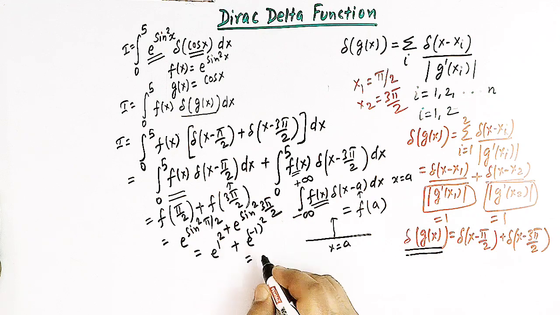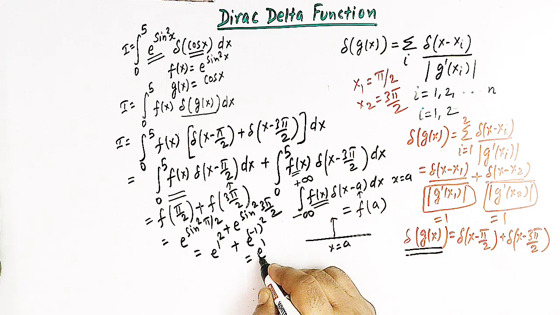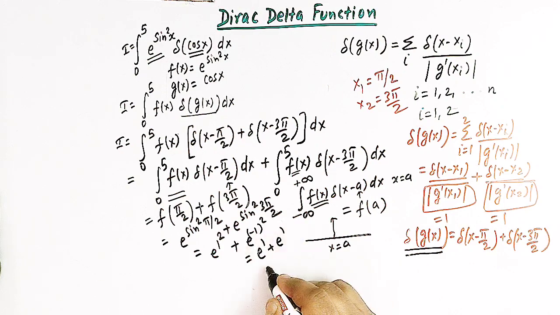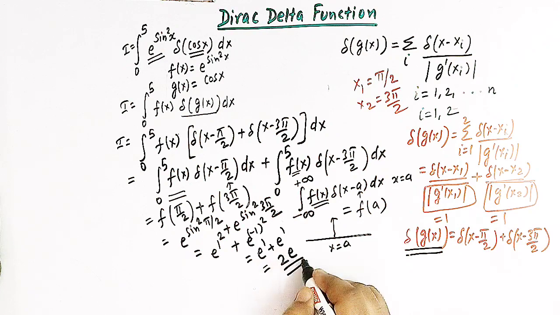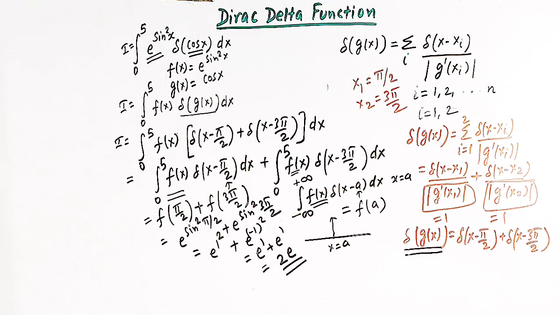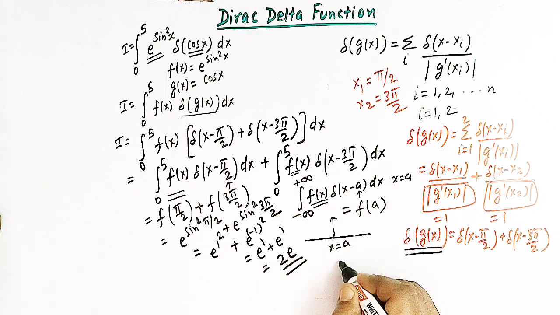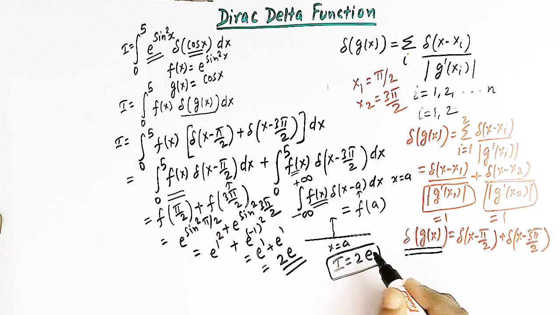So we have e raised to 1, which is simply e, and minus 1 squared is plus 1, so again e. So we have e plus e, that is equal to 2e, where e is the exponential number. So viewers, the value of this integral is equal to 2e, that is 2 times the exponential number.